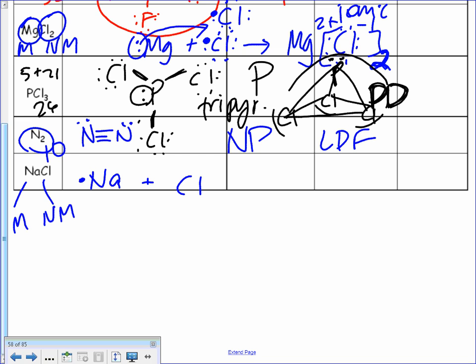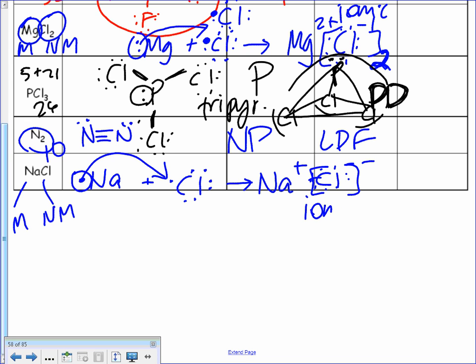So valence number of chlorine is what I'm asking for. 7 because it's in group 7. So the group number is the valence number. Good. And then we're going to draw that sodium donating its electron to chlorine. So that sodium has a 1 plus charge and chlorine has an octet. Sorry, my dots are everywhere, but you know there's an octet there. And we're just going to write the word ionic here so we remember the situation.